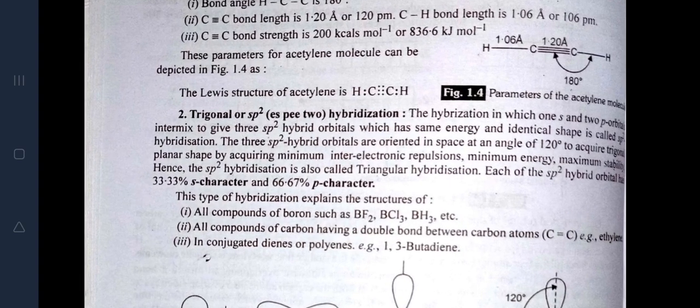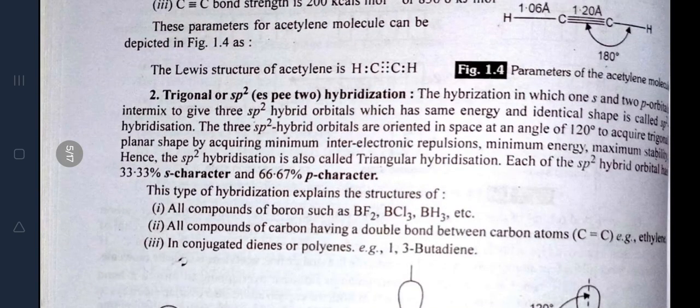Secondly, trigonal or sp2 hybridization. The hybridization in which one s and two p orbitals intermix to give three sp2 hybrid orbitals which have the same energy and identical shape is called sp2 hybridization.